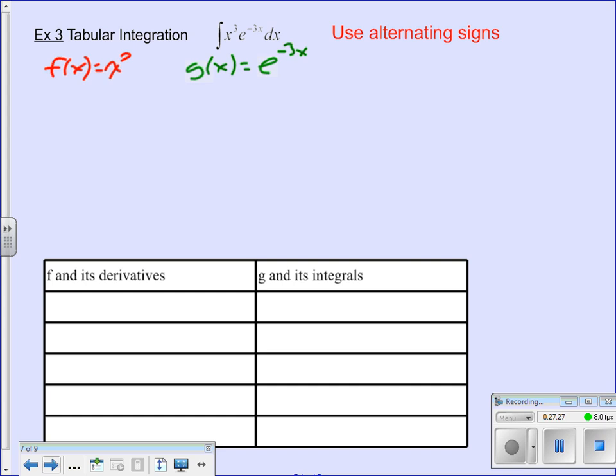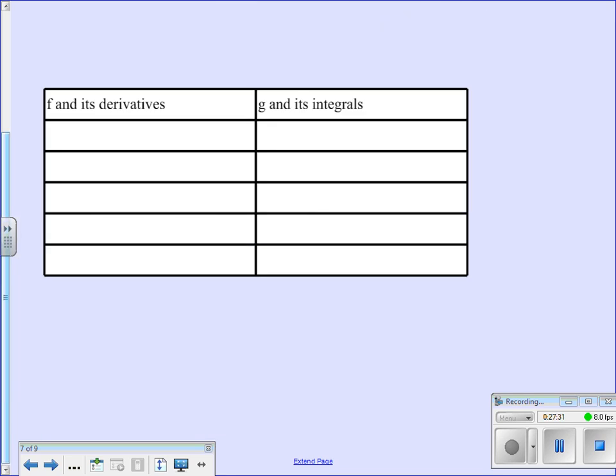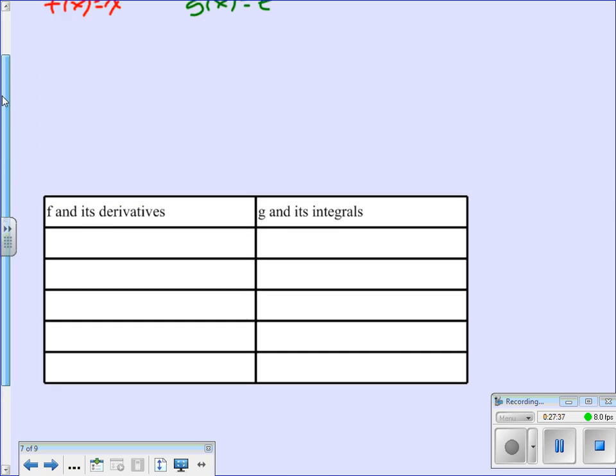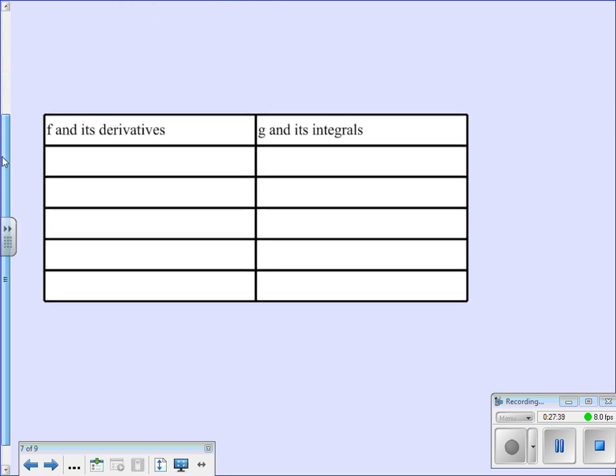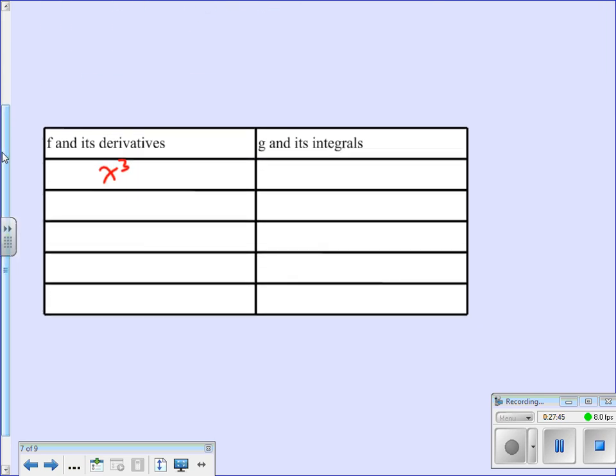I'm going to scroll to get the table up a little higher. So, f and its derivatives. We start with f, and f was red, just to keep the colors going. So x cubed. Then we take derivatives until it goes away, so we get 0 in this column.